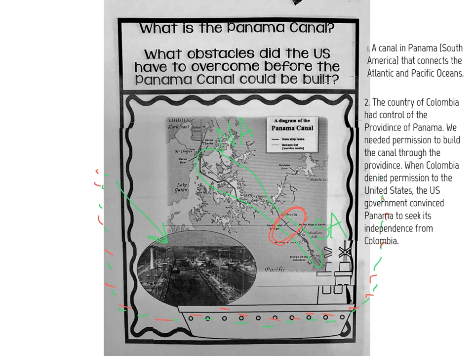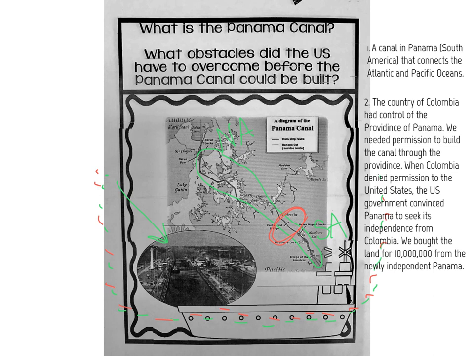So we will take this very small area of land right here in this isthmus and the country of Panama did agree. So, to sum up, we bought the land for $10 million from the newly independent Panama.